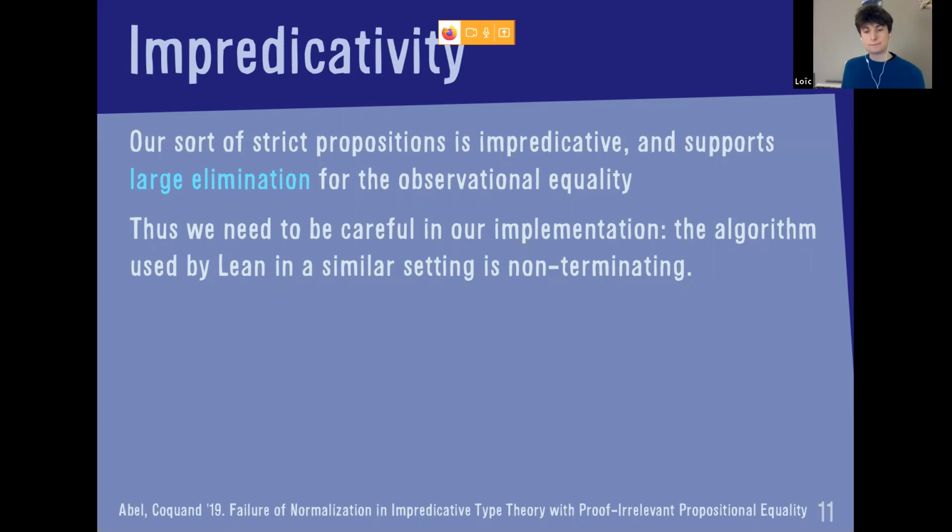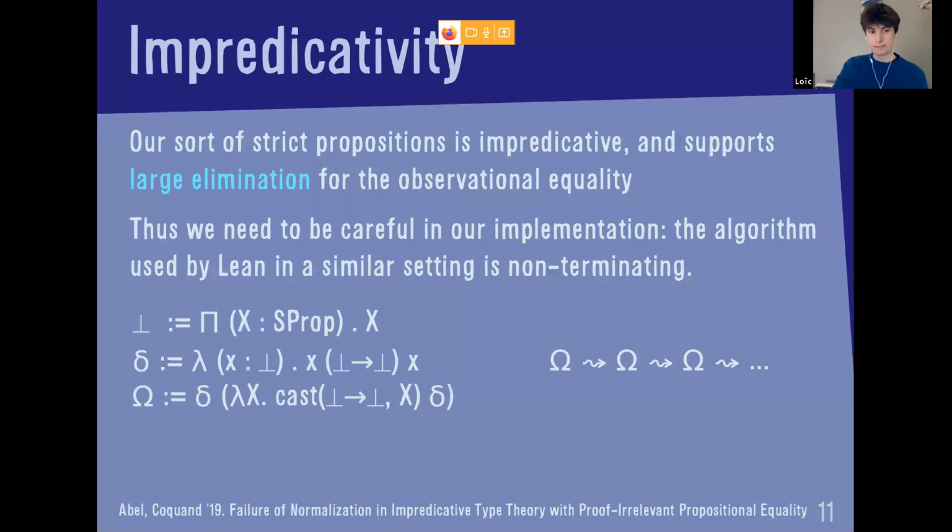And this is a bit worrying because Abel and Coquand proved that the algorithm that is used by Lean to decide type checking is actually non-terminating because of the interference between impredicativity and proof irrelevance.